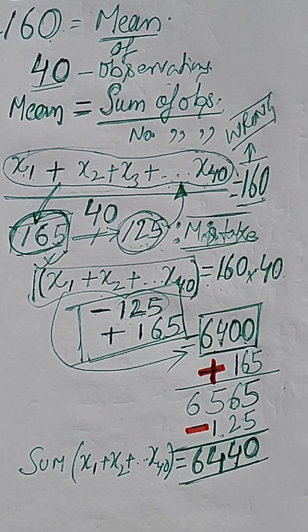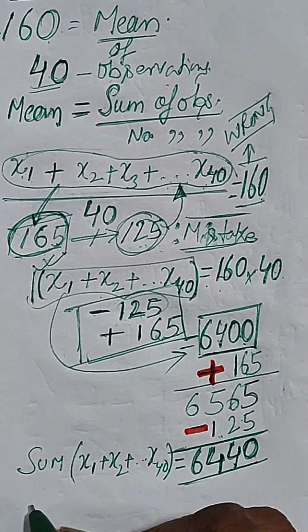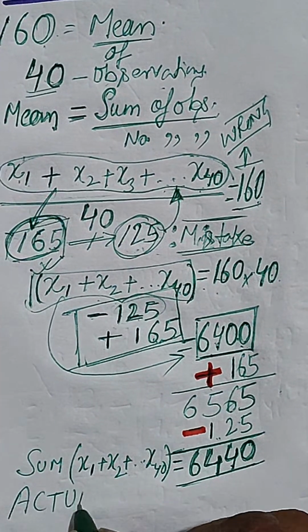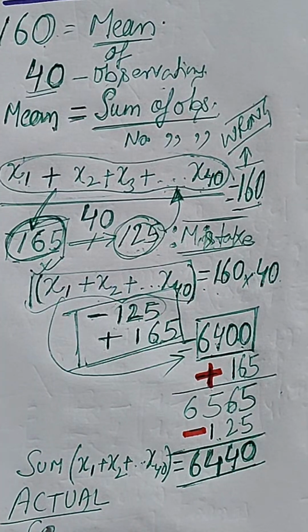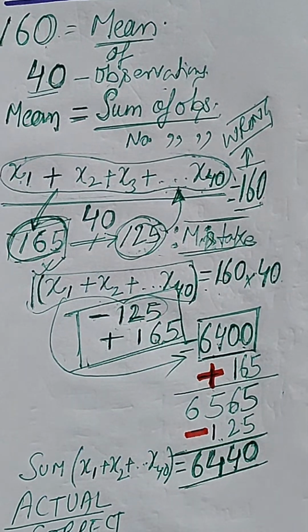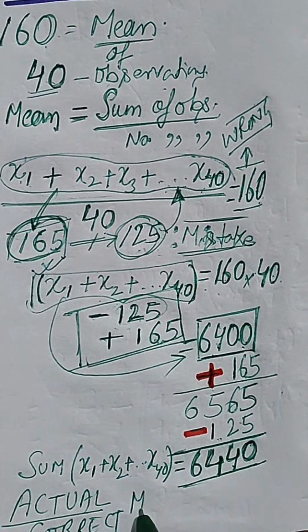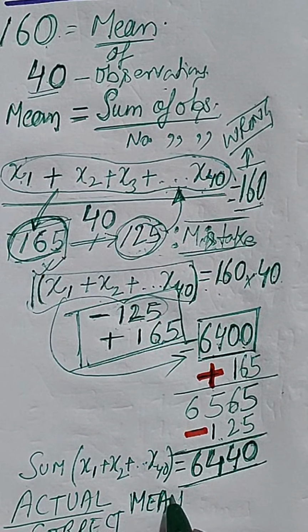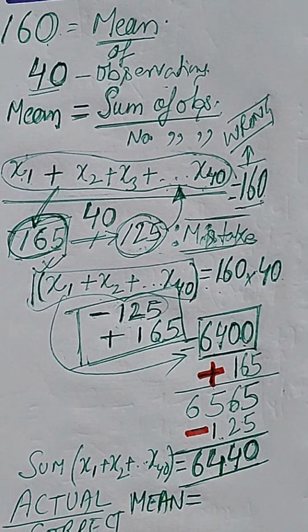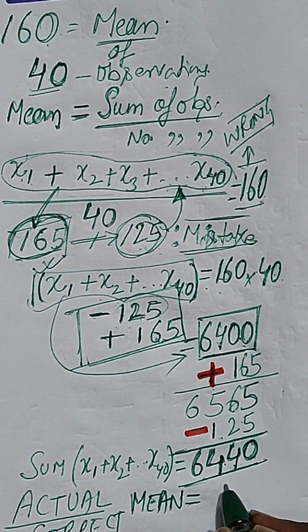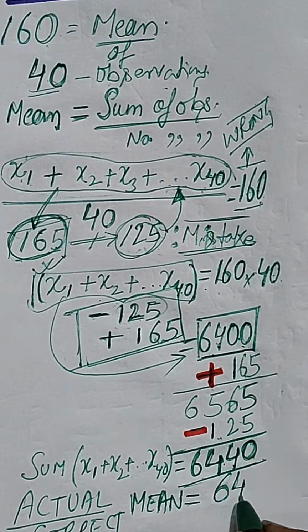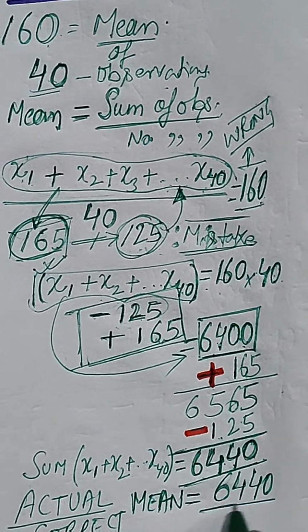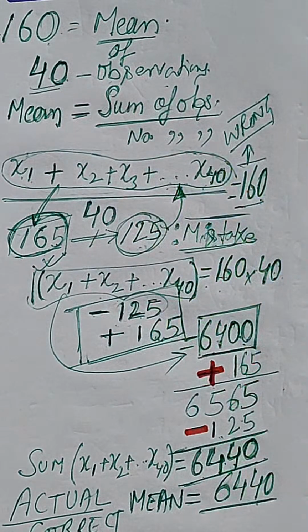Now the actual mean, how will you find the actual mean? The actual or correct mean is calculated by this sum, that is 6440 divided by the number of observations, which is 40, right?